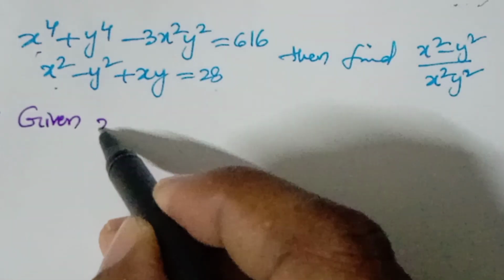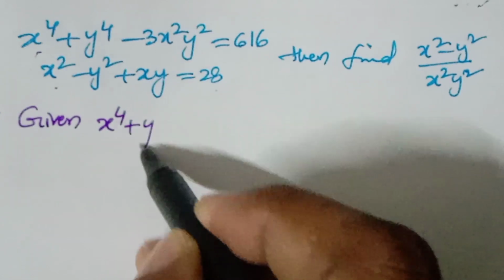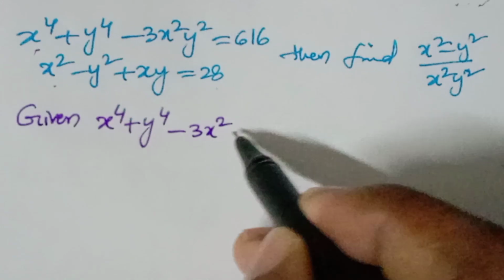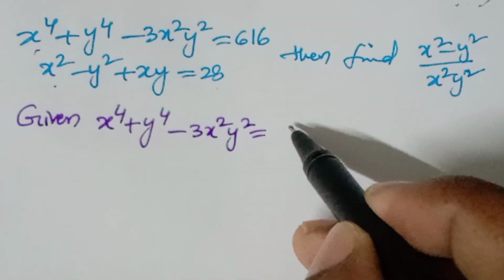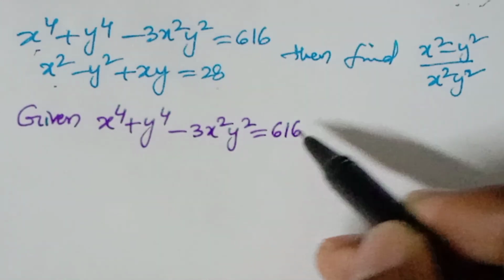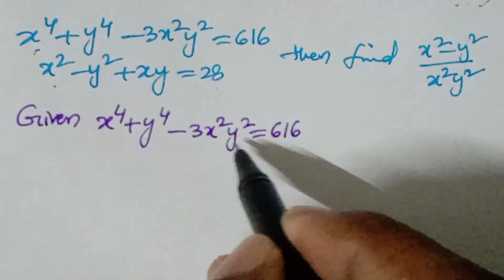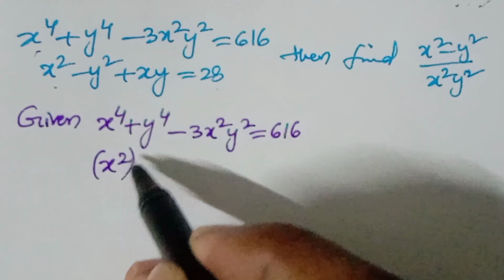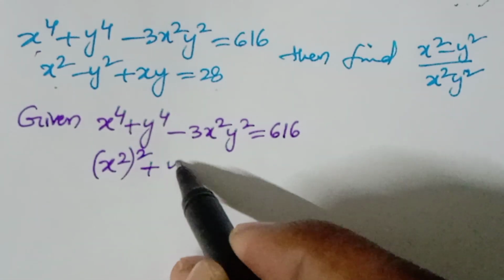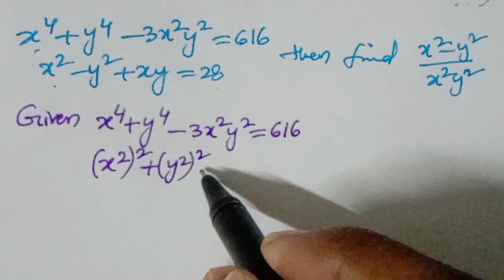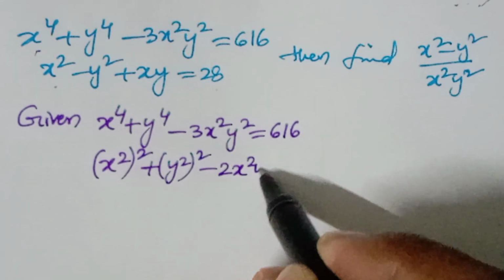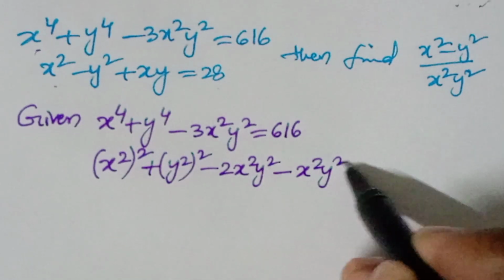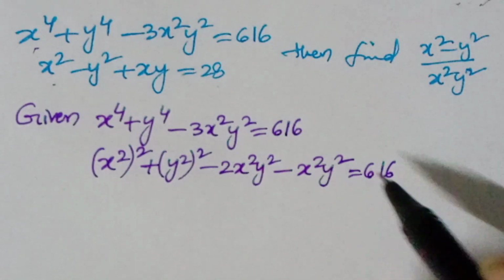Given x to the power of 4 plus y to the power of 4 minus 3x squared y squared is equal to 616. Here you will write it in a plus b whole square form: (x squared) whole square plus (y squared) whole square minus 2x squared y squared minus x squared y squared is equal to 616.